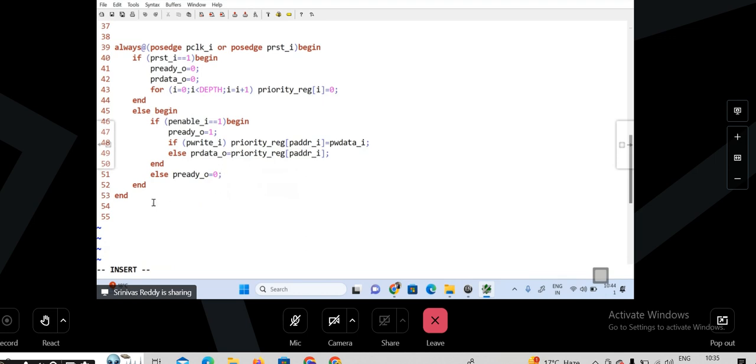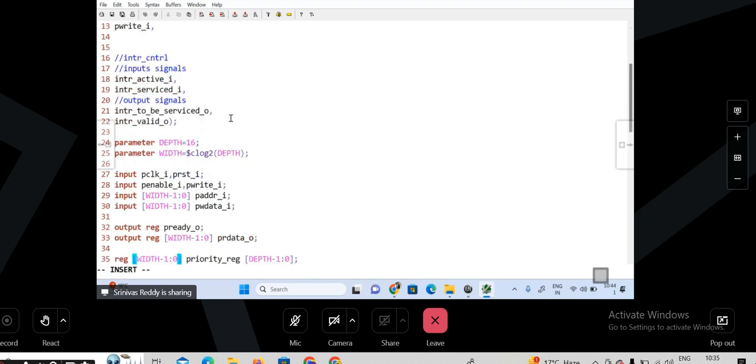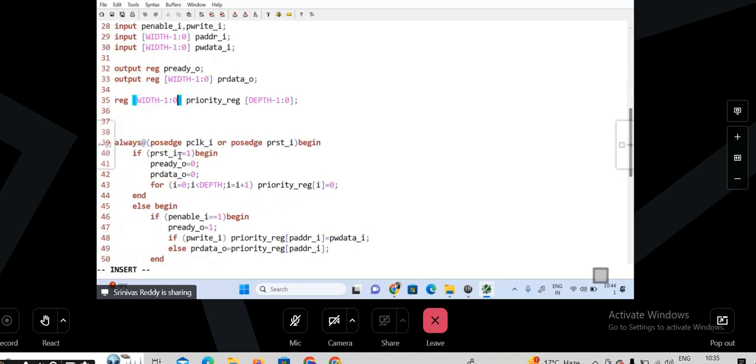What are the inputs to the interrupt controller? Input, correct? Interrupt underscore active, but it should be a vector. Interrupts means what? Requests, right? The vector is depth minus 1 down to 0.